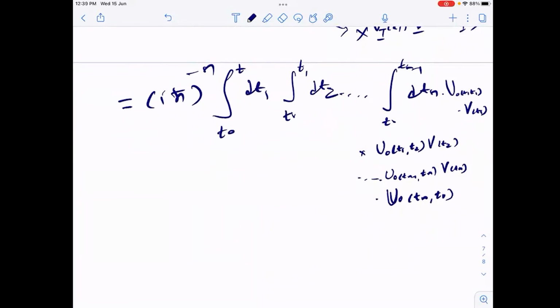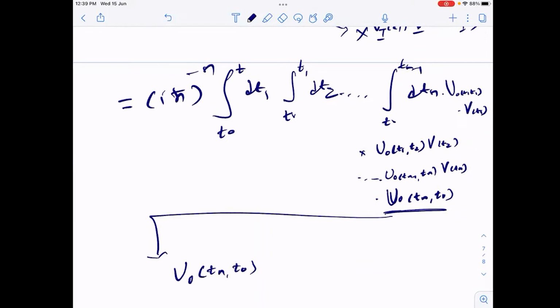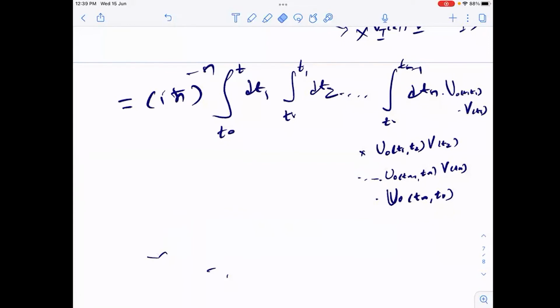Now this last step, if you look at this last step, which is U0 Tn T0, or let's not directly jump to the general case, let's look at the first term in the last step, that is this.